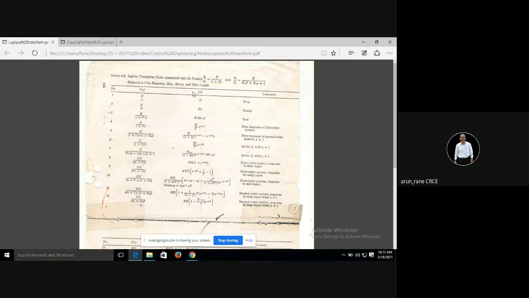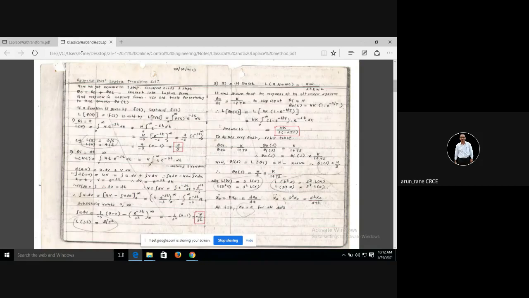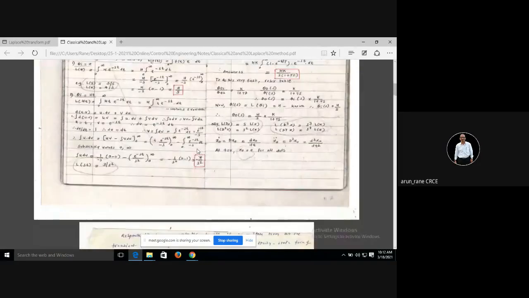In such cases, you can use these standard tables and get the results directly. In order to save time, these results are given directly in the examination. I hope you are getting it.